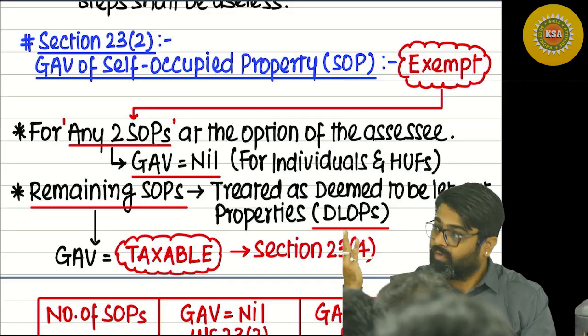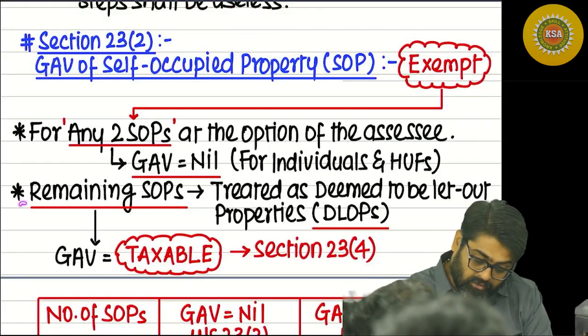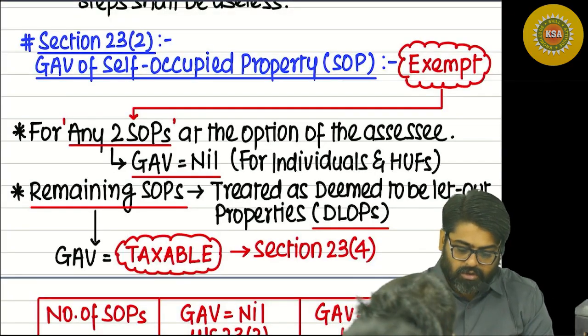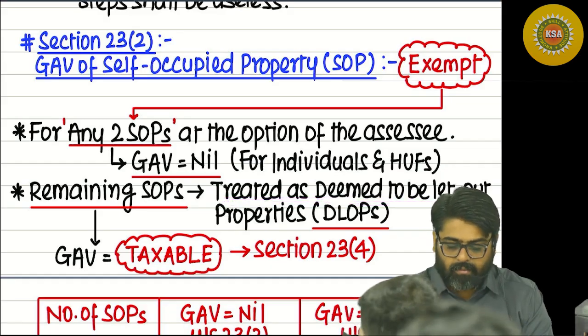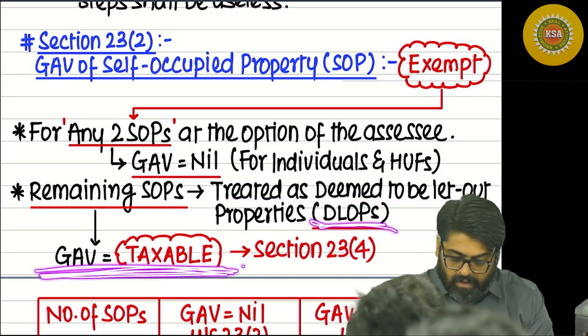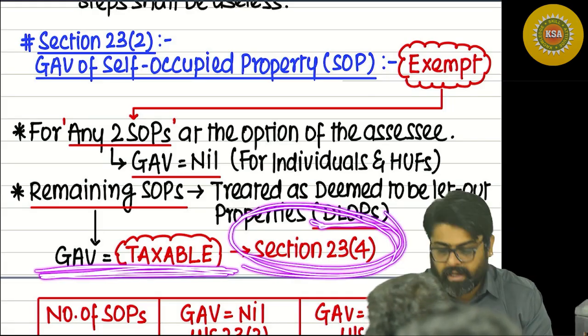Yes or no? For those 2 properties you will claim exemption, and the remaining SOPs, which you are not claiming exempt under 23(2), shall be treated as deemed to be let out properties, and their GAV will be as per section 23.